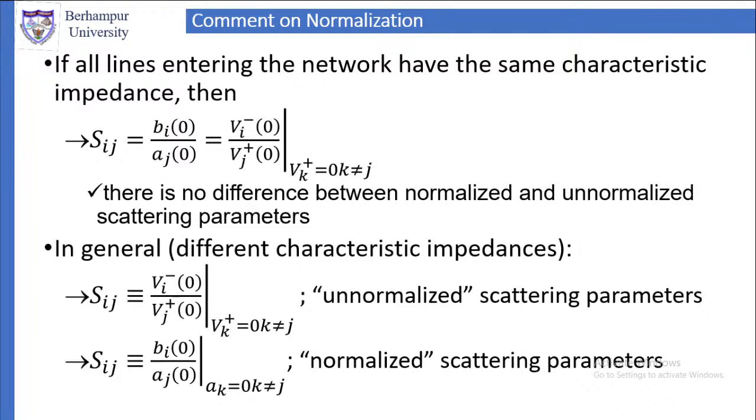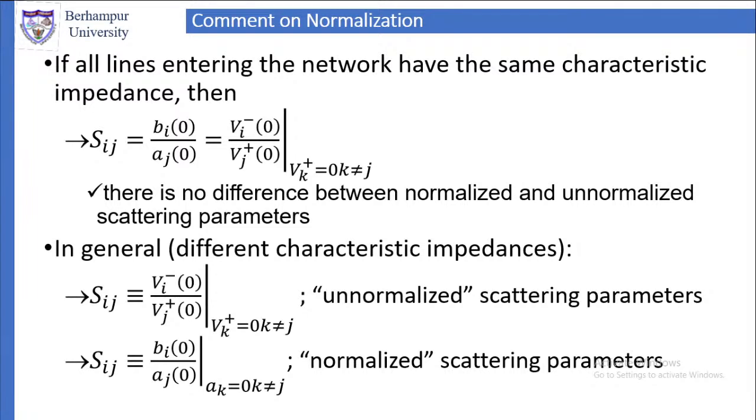They are the same. In general, if you have different characteristic impedances, then the unnormalized scattering parameter Sij is equivalent to Vi minus by Vj plus, whereas the normalized scattering parameter Sij is equal to Bi by Aj.